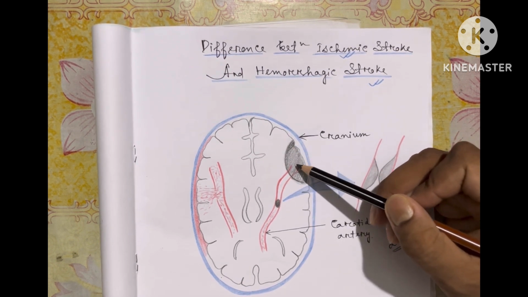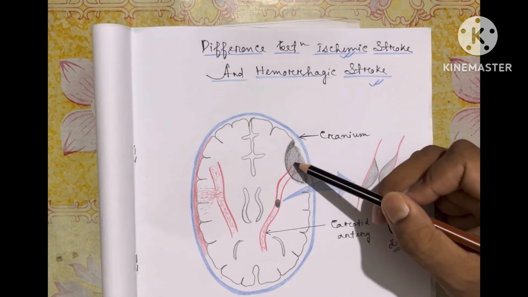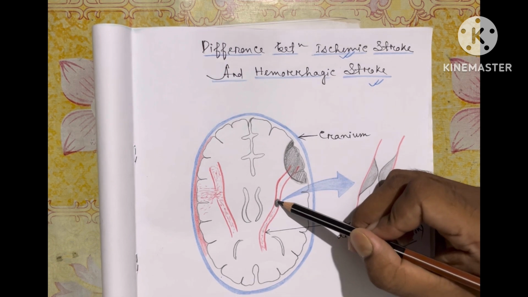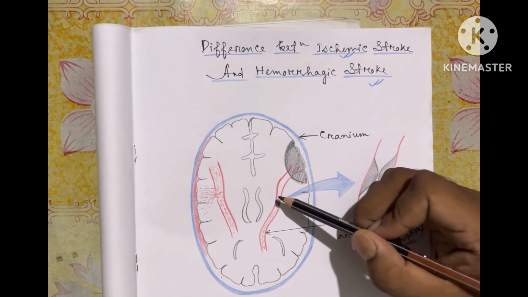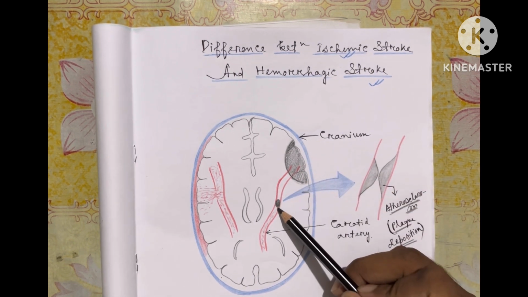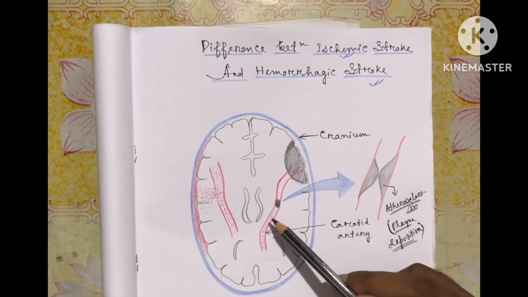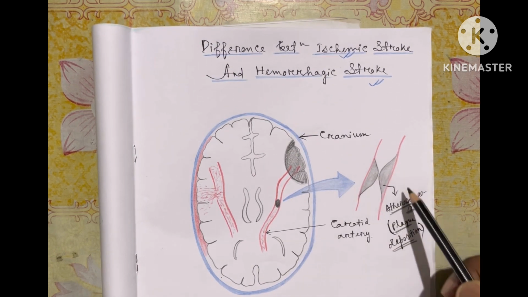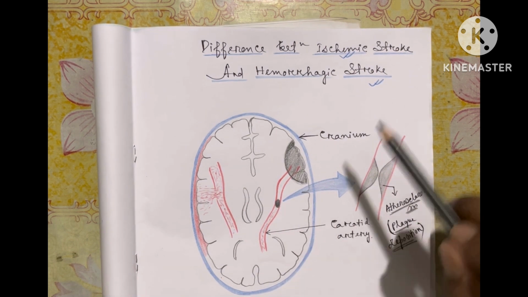Ischemic stroke is that kind of stroke when brain cells become ischemic because of lack of blood supply or interrupted blood supply, and that interruption occurs only because of some kind of plaque deposition in our carotid artery, and plaque deposition is nothing but some kind of atherosclerosis. This is the ischemic stroke.